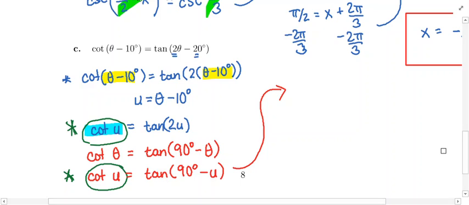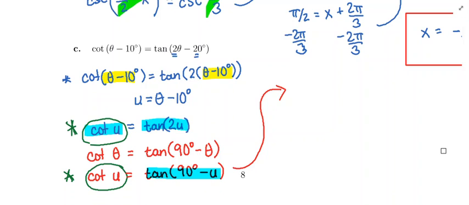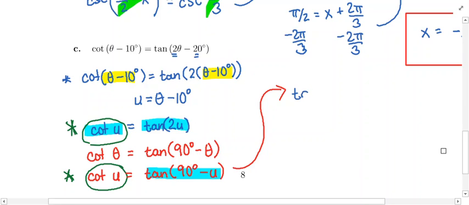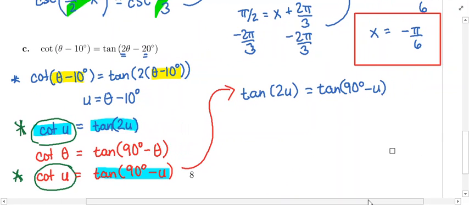So what we can do at this point is equate these things because they're both equal to the cotangent of u. So we're going to get that the tangent of 2u is equal to the tangent of 90 degrees minus u. And now I'm happy because I have tangent equals tangent.